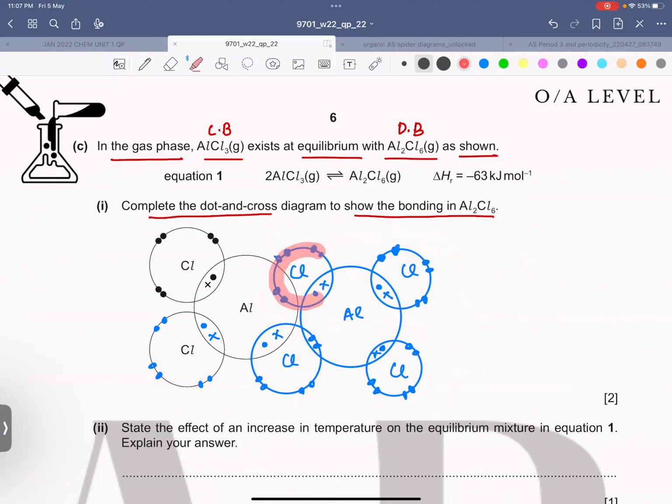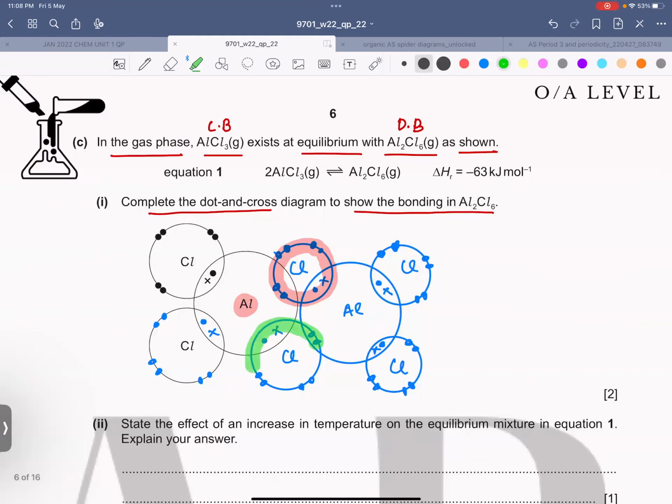This chlorine is forming a covalent bond with the aluminium of the first molecule, and this chlorine atom is forming a covalent bond with the aluminium of the second molecule. Is this understandable to everyone? This is the diagram that we have discussed in our bonding as well, dative bonding. You can find this example in the dative bonding notes. Is it clear? If anybody has any doubt, do ask.